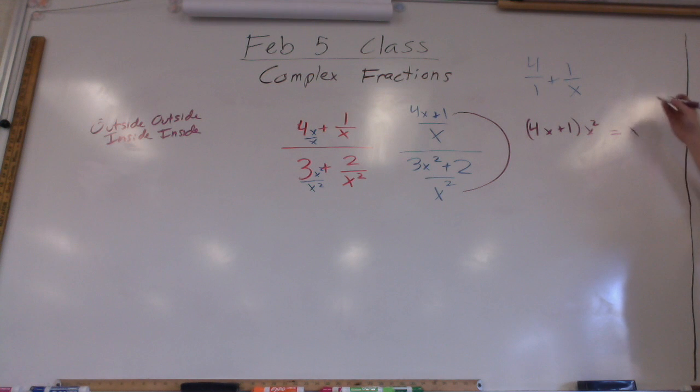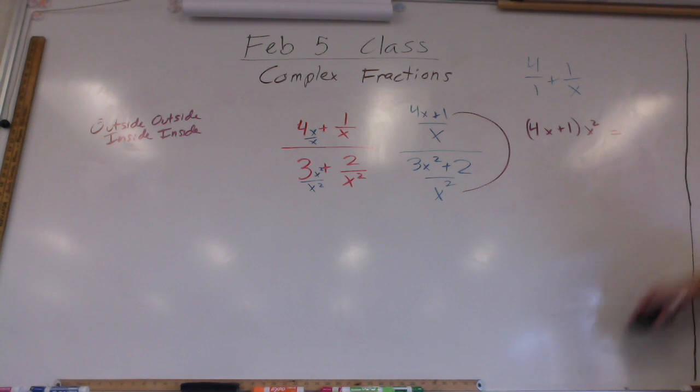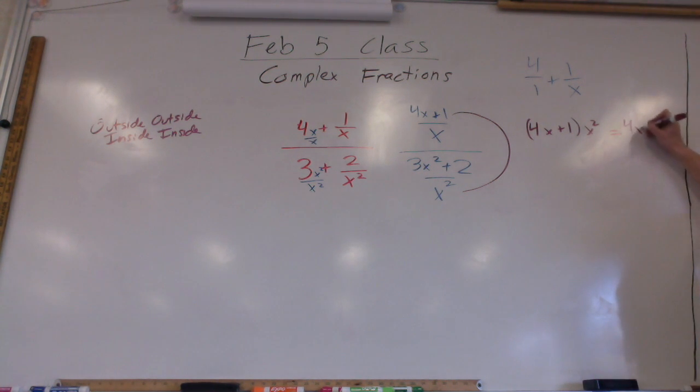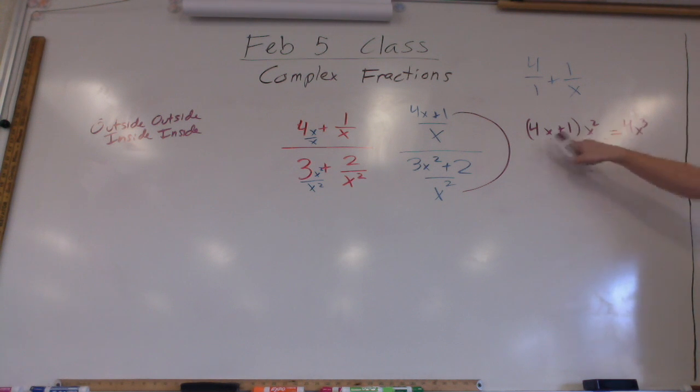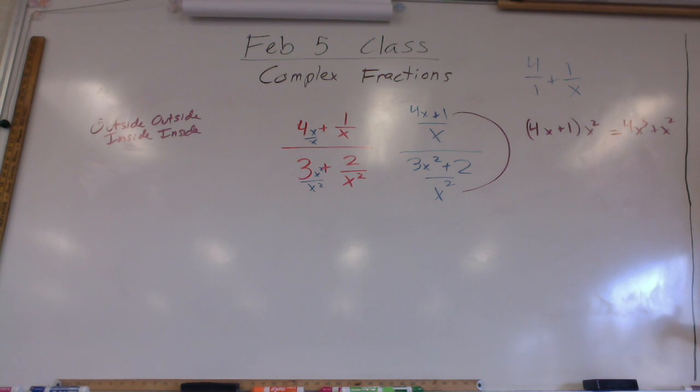That'd be 4x cubed, because the x's combine, and then x squared. We could do it like that. Plus x. What happened to the 1? Can we put the x squared in parentheses too? Yes, you can. The x squared can be in parentheses.